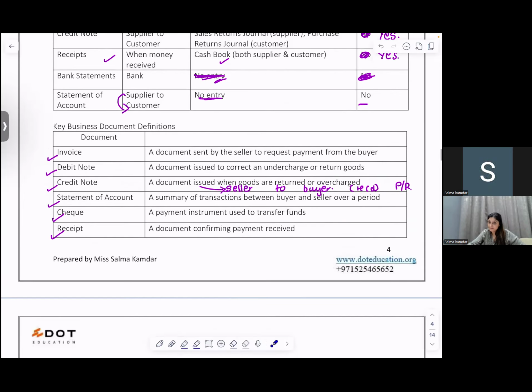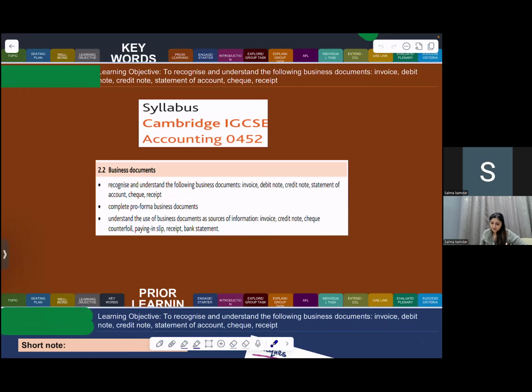Let's go on the past paper questions. So ideally, this covers the 2.2 of your Cambridge IGCSE syllabus 0452. The requirement of the course is you should recognize and understand invoice, debit note, credit note, statement of accounts, check, and receipt.